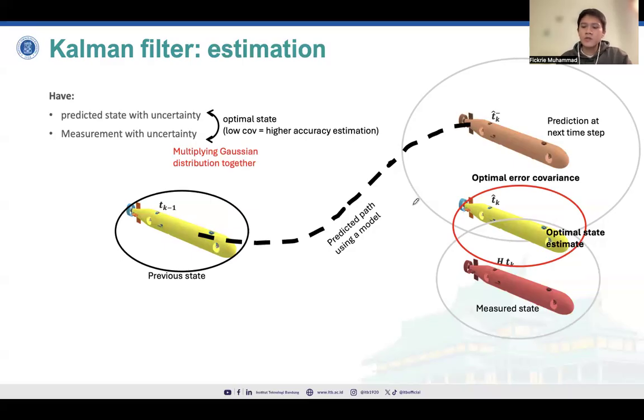So by multiplying both Gaussian distributions together, we get a more accurate state estimate, because we're not only relying on the predictions, but we also chip in the measurements to bring our predictions into the context of the optimal states.